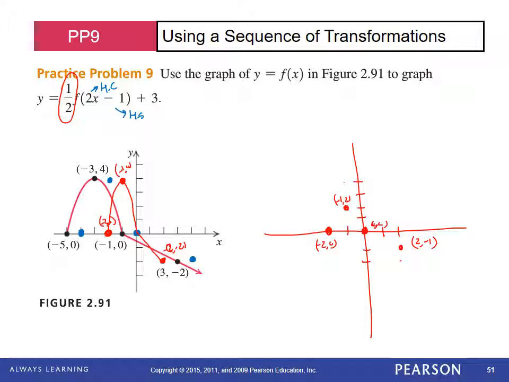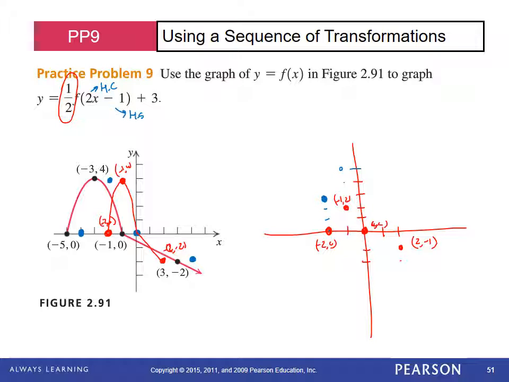Almost done. Then we got to do this little +3 here. +3 means we're going to shift everything up 3 units. And so let me do that. So this guy here, 1, 2, 3. My last dot is here. This guy -1, 2, 1, 2, 3.